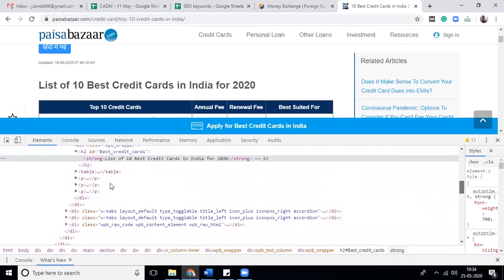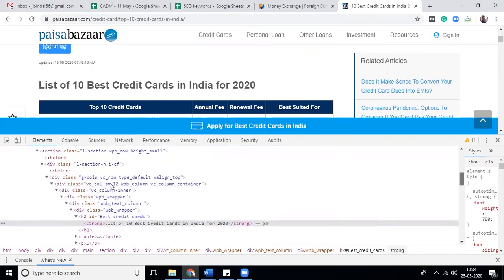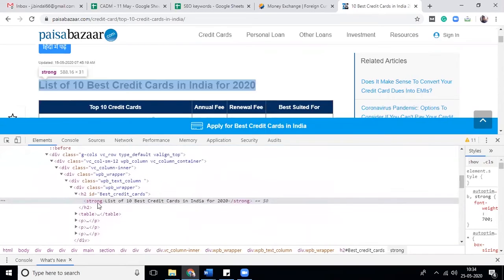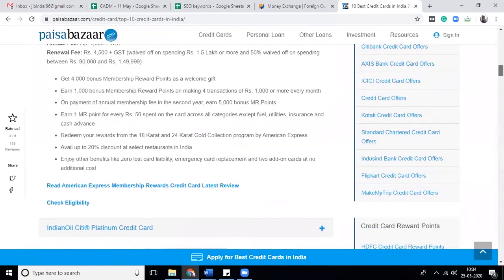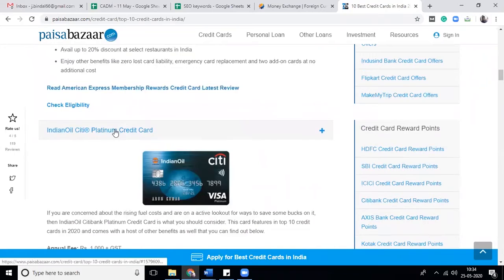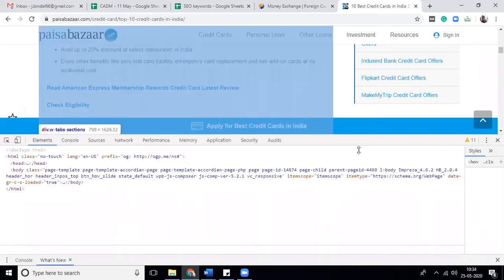It is H2, not even H1. Where is H1? Okay, this is H2. So you can see it is a part of the heading. Then these individual bank card names would be another set of headings, which will be H2, H3 maybe.